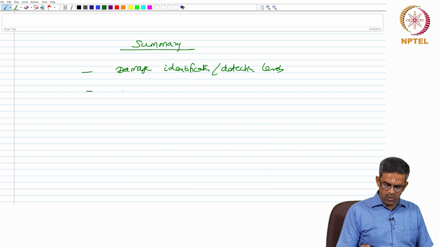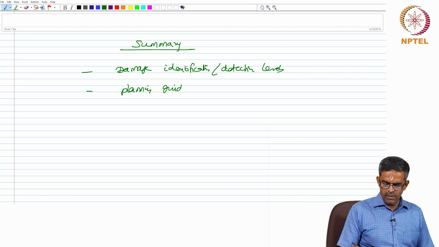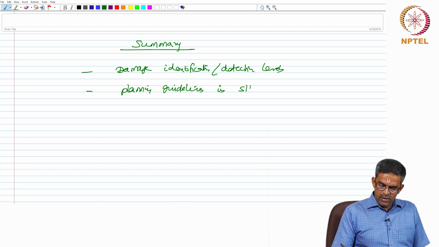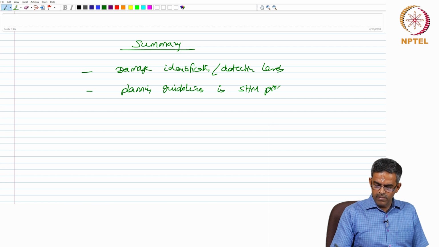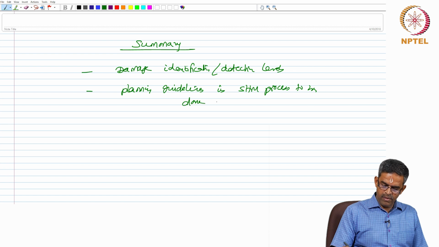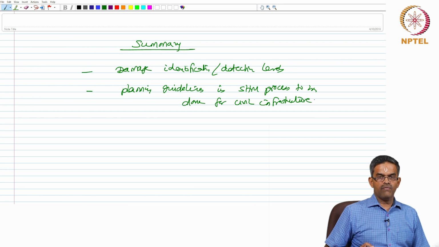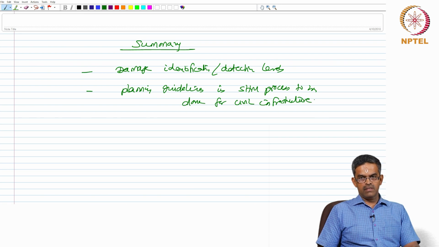We also learnt about what are the planning guidelines in case of structural health monitoring process to be done for civil infrastructure. We will see further more details in the coming lectures. Thank you very much.